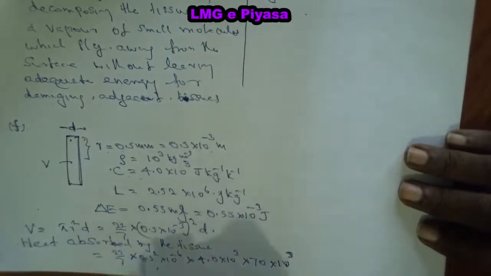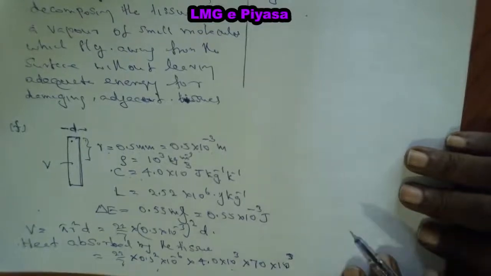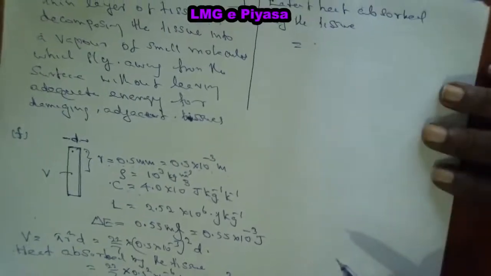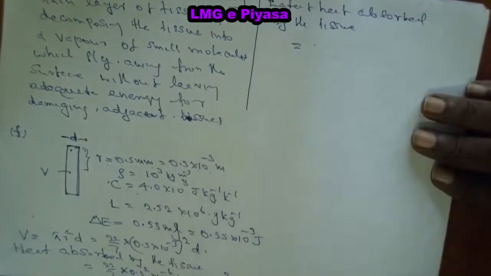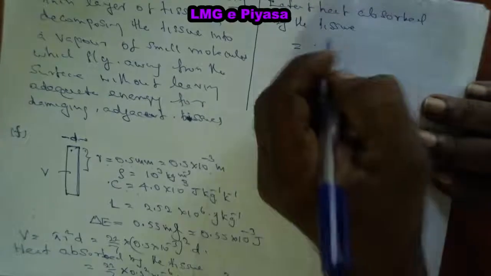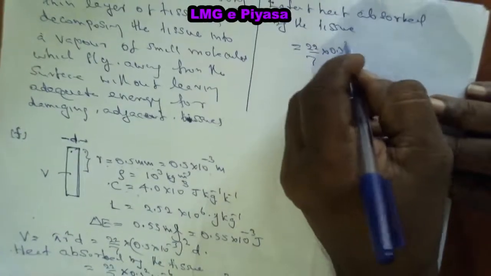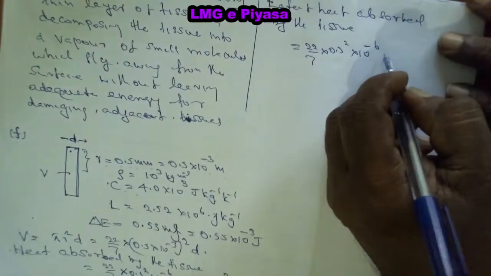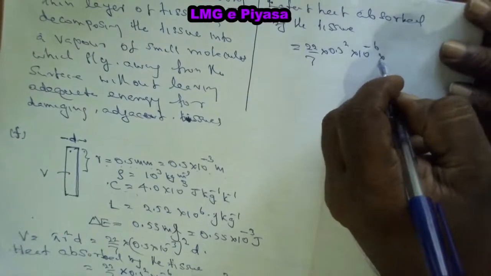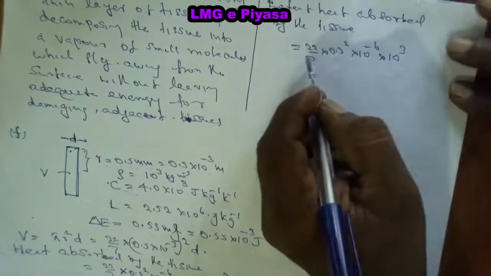Then latent heat absorbed is same mass, you have to multiply by latent heat, right? That is 22 over 7 into 0.5 squared into 10 to the power of minus 6 into 10 to the power of 3. So this is total mass.